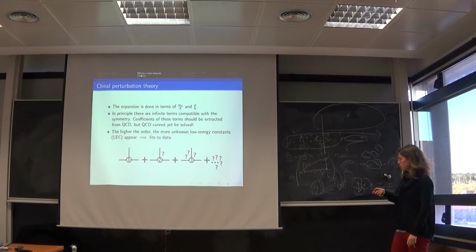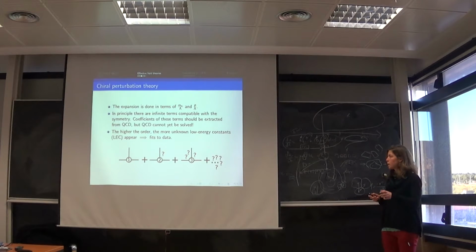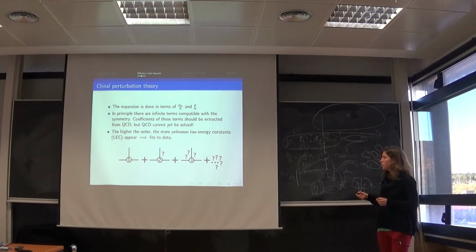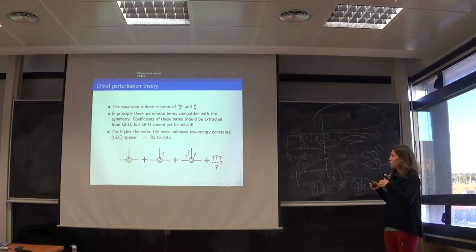Since the expansion parameters are masses over scale, things that go linearly with this term are the first order of chiral perturbation theory, and if it goes to the square, it's the second order, and so on. So we order the terms that appear in the symmetry with orders of the pion mass over the scale.